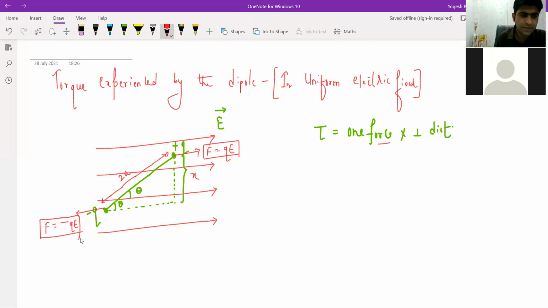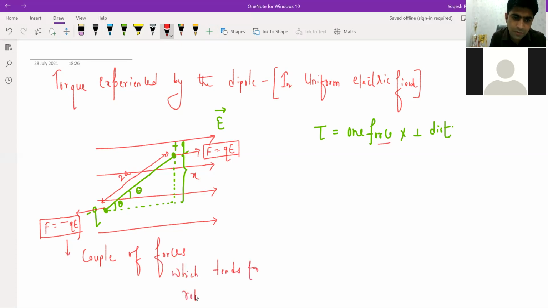These two forces form the couple of forces, which tends to rotate the dipole. These are equal and opposite forces, opposite in direction and equal in magnitude. This is QE acting on positive charge, and this is QE acting on negative charge. So these form a couple of forces which tends to rotate the dipole.